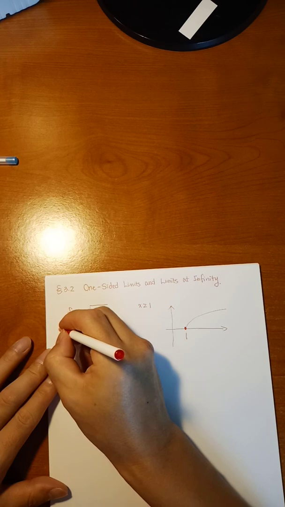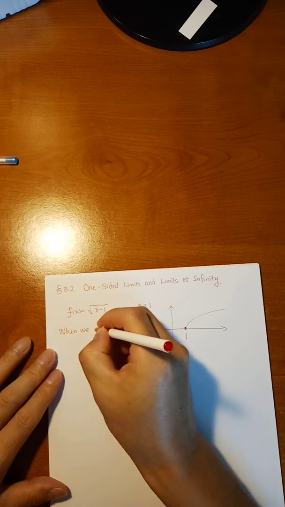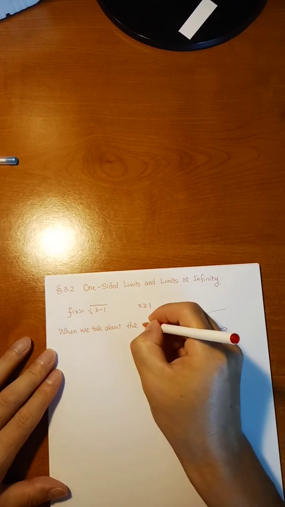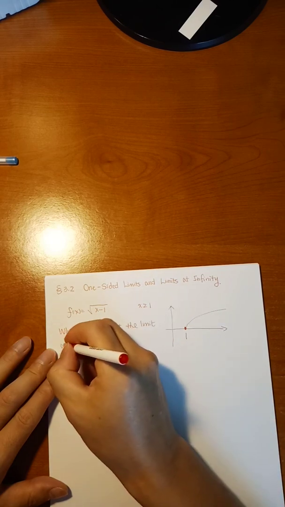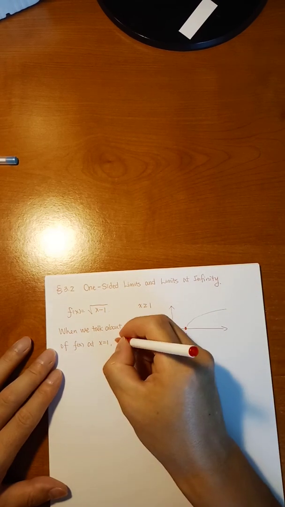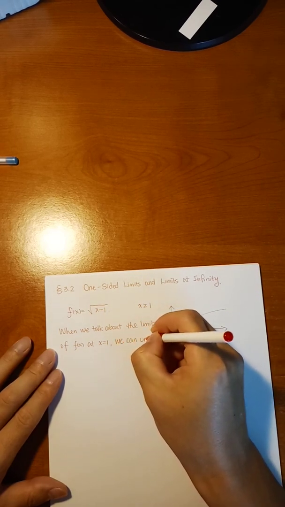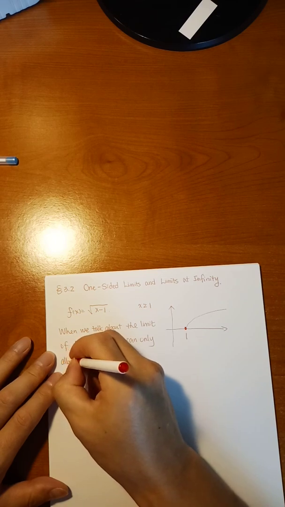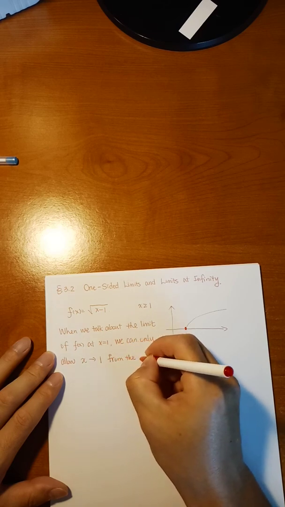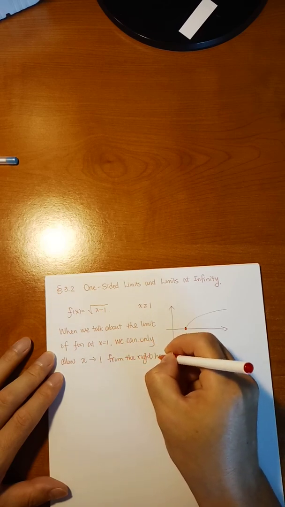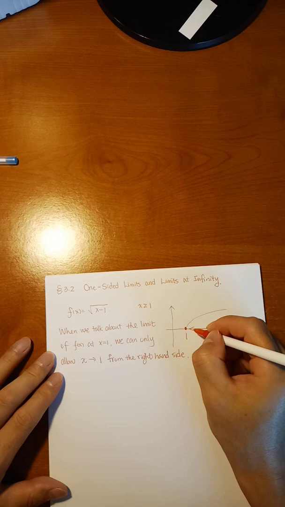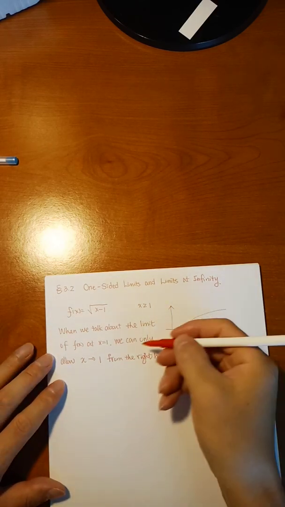And then when we talk about the limit at 1, we can only allow x approaching 1 from the right hand side. Because for the function to make sense, x has to be greater than or equal to 1. So it's from the right hand side.